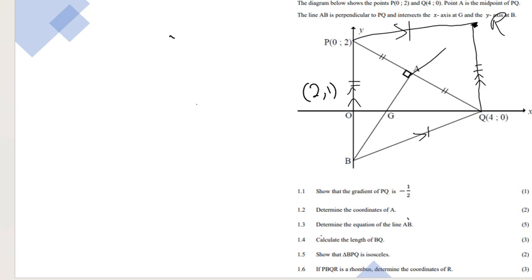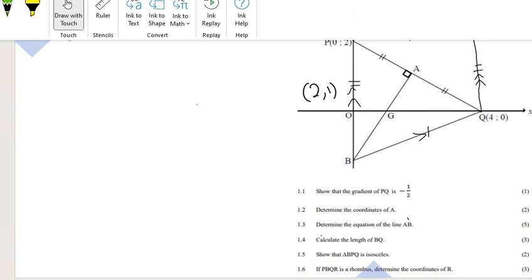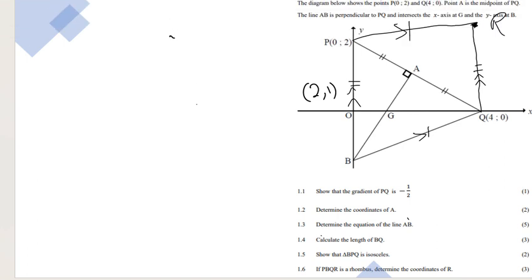If we construct this diagonal, let me use another color, red, for this part. Assuming this is a straight line from here straight to R, then this line has to be equal to this line, as this one is equal to this one.